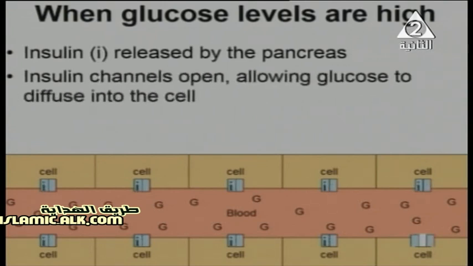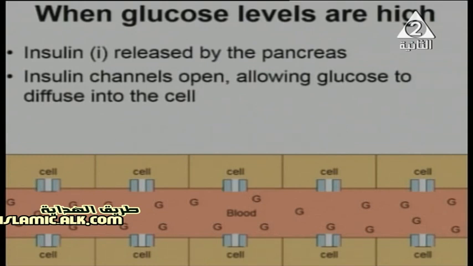So if you have a large amount of blood glucose inside your body that you do not need, the insulin works as a carrier, collects a large amount of blood glucose, and you store it inside the liver in the form of glycogen. The stored glucose inside the liver is called glycogen.